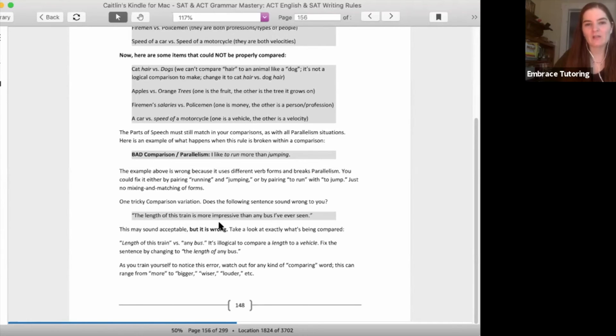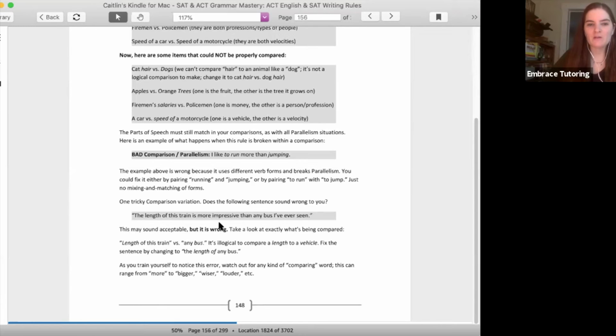So it's ungrammatical, or it's understandable, but it's not the best way to communicate those ideas. It's not the right form. Okay, so what you would want to do is replace the forms. I like to run more than to jump, or I like running more than jumping would make the most sense in this case.